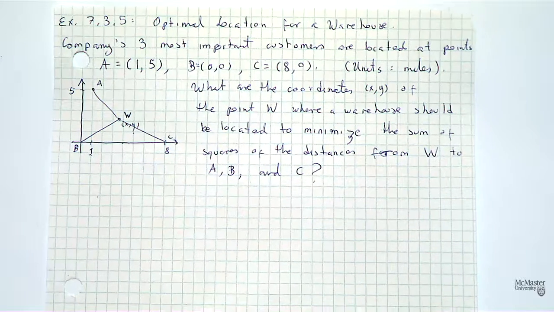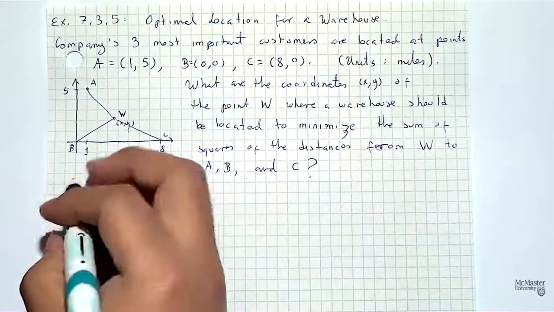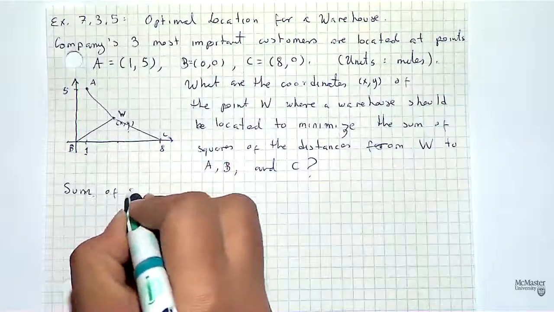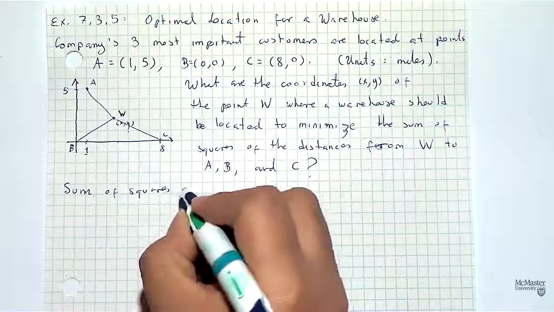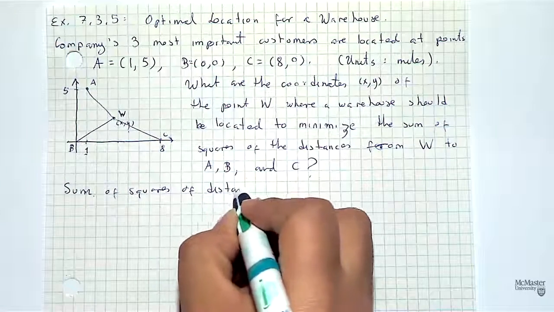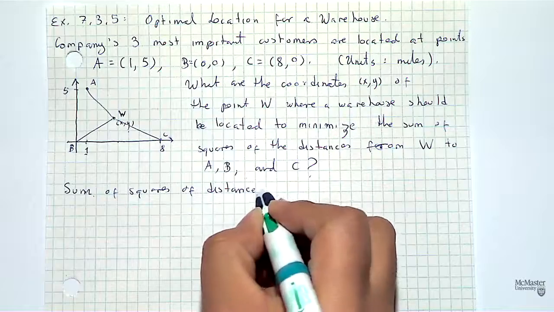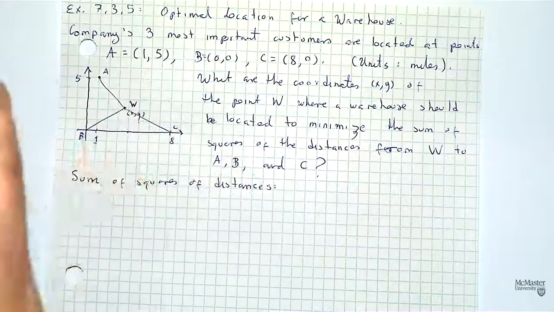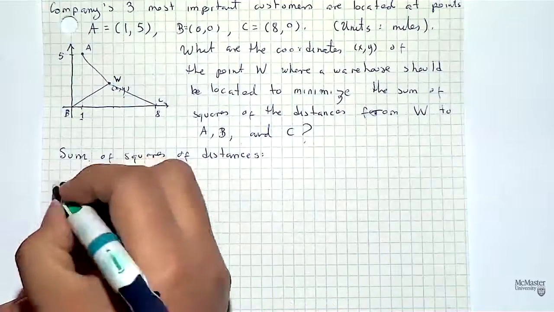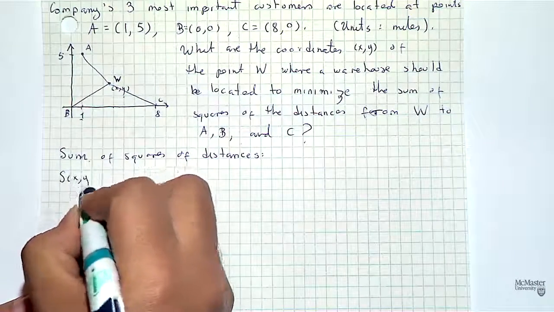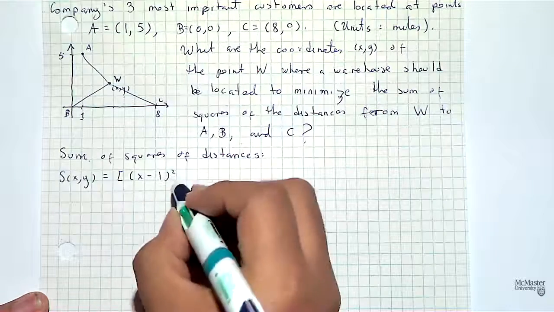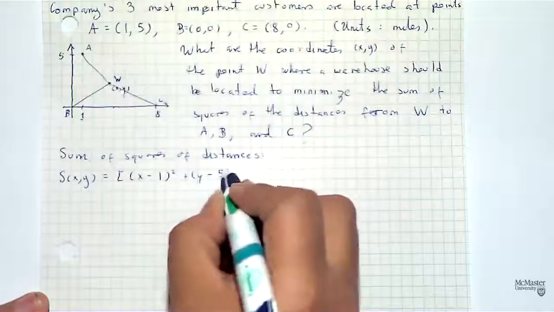So, we will do the posing of the problem. First of all, what we want to study, of course, the sum of the squares of the distances, which is basically the norm, or the distance from this point to the 2 other in the L2 norm. So S(x,y), first you have (x minus 1) squared plus (y minus 5) squared.